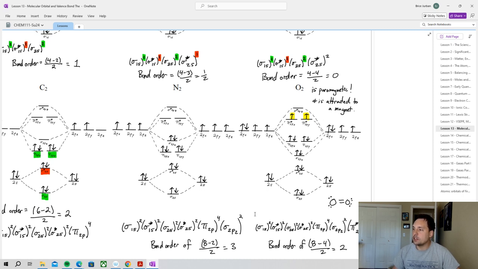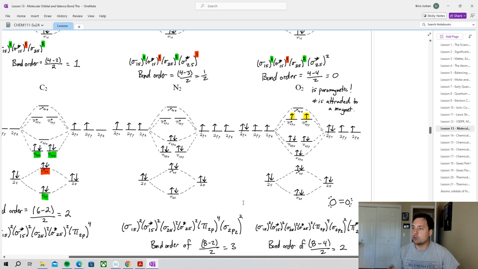And then additionally, we didn't talk about heteronuclear molecules, meaning what about when nitrogen and oxygen combine together? So that can happen as well. The only difference is these energies are all relative, and this can be seen in your textbook.